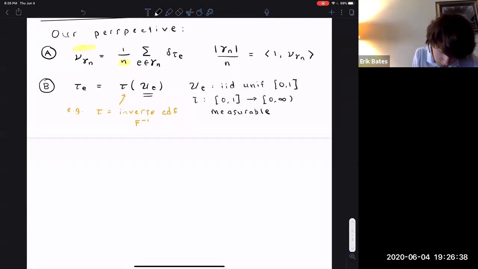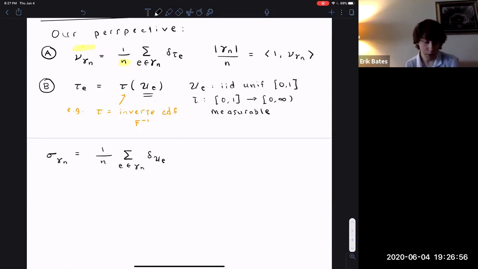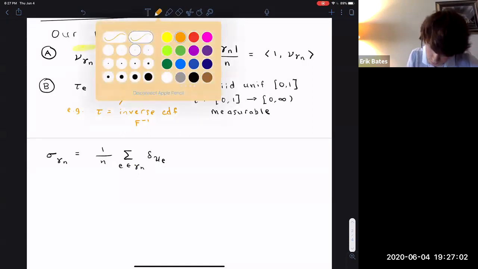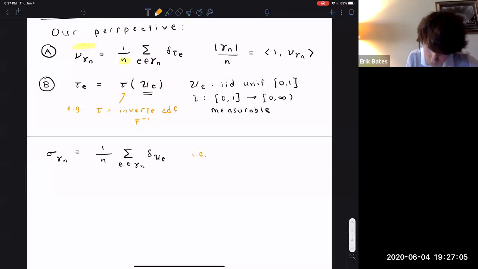To define the notation there, I'm going to use the analogous notation, except I'm going to change nu to sigma. So now sigma gamma n is 1 over n, and then I take the same linear combination, but now with respect to the u e's. So now I have an empirical measure associated with these uniform random variables. And I can recover the empirical measure for the original edge weights by pushing this measure forward by the map tau.